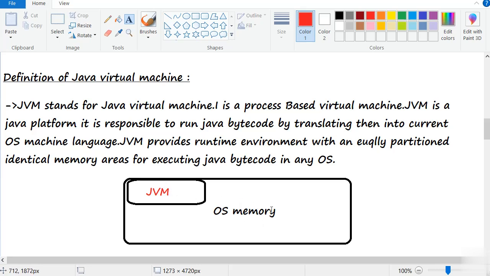So you have understood what I am saying. In OS, it will be having some memory as a runtime environment to execute our Java classes in the computer.